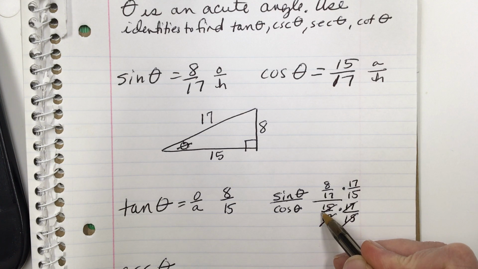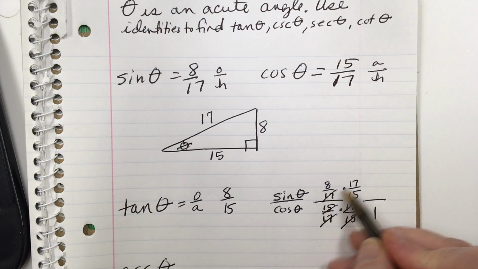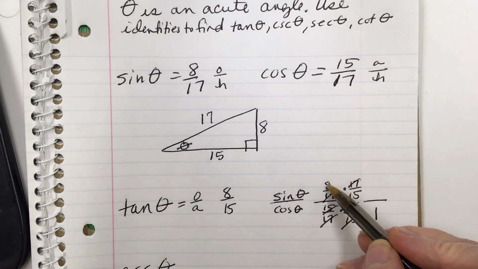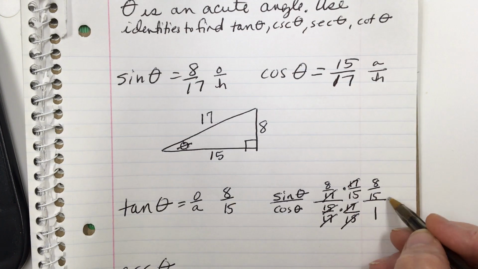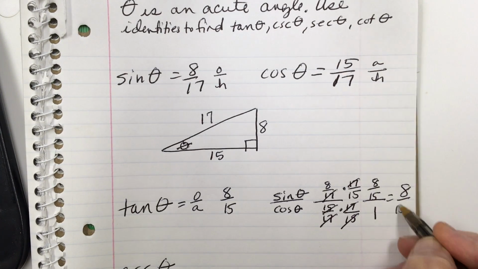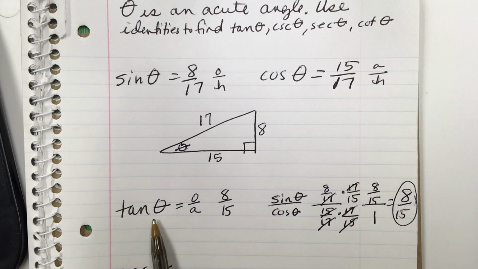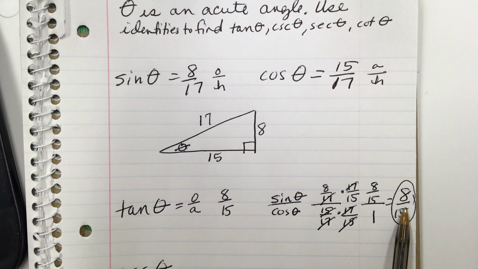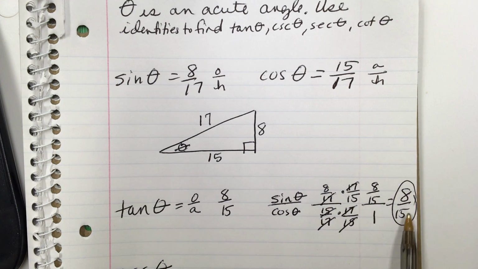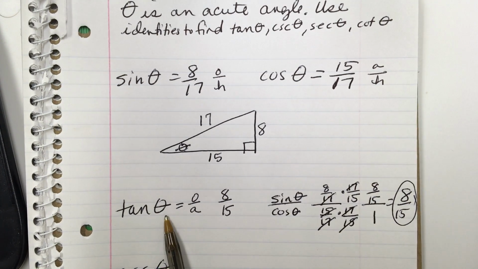The 15s would cross-reduce in the denominator, leaving 1. In the numerator, the 17s would cross-reduce, and then I could multiply straight across. I get 8 over 15 divided by 1, which just gives me 8 over 15. So therefore, I use the identity that tangent equals sine over cosine to find that tangent is 8 over 15. So that's just showing you that you can use the identities to help you find the tangent.